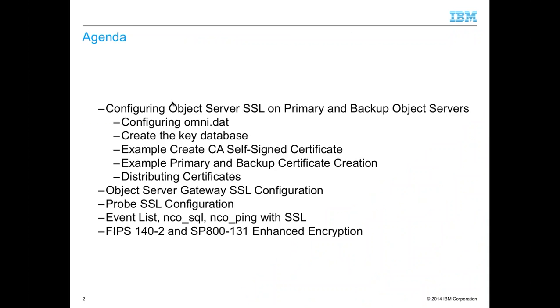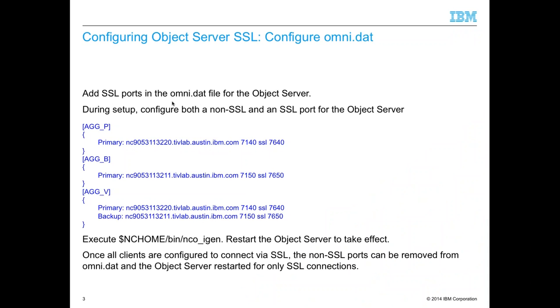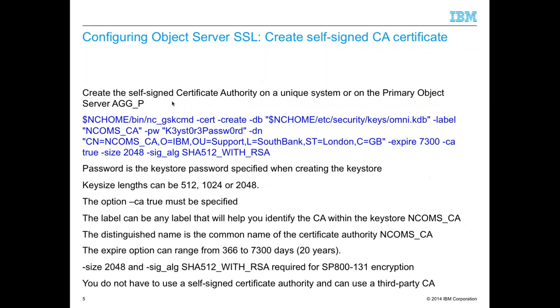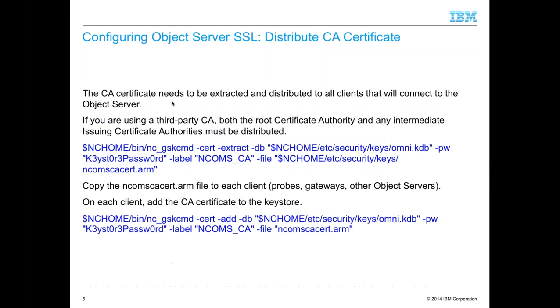If you're using an external CA, some of these steps you wouldn't have to do. So you'll still have to create the key database. You wouldn't create a self-signed certificate. You would skip this step.